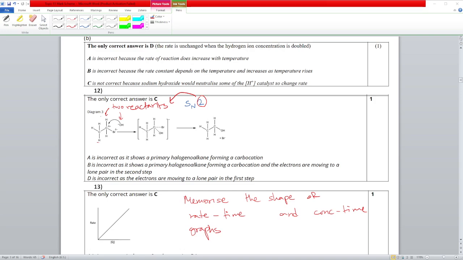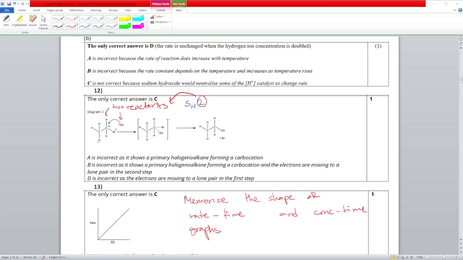What we have here is an SN2 reaction. You can tell it's SN2 because the OH minus is actually doing something to the halogenoalkane, and then they form this intermediate together. Whereas in the previous SN1 examples, this halogenoalkane breaks apart on its own first, and then the nucleophile, this OH minus, can come in and do its own thing.